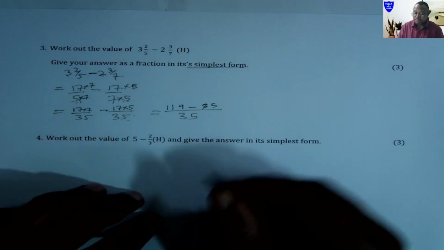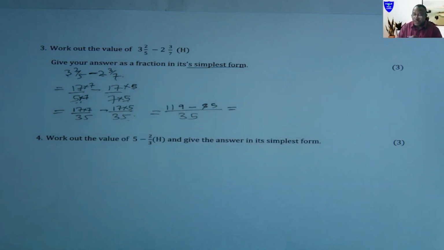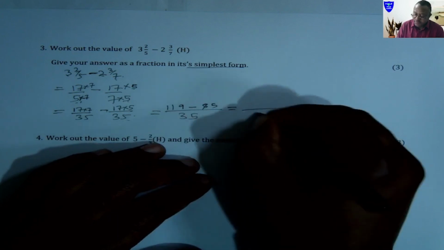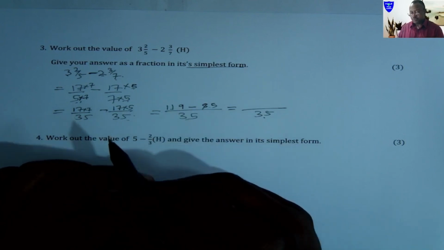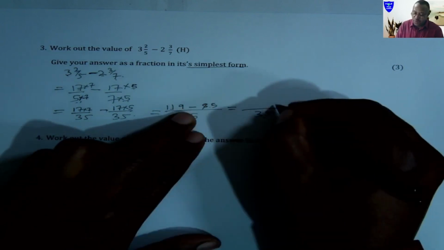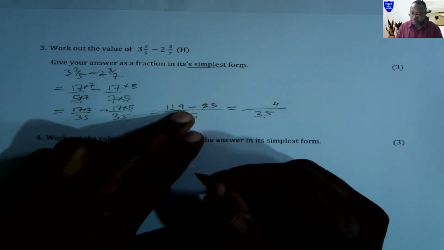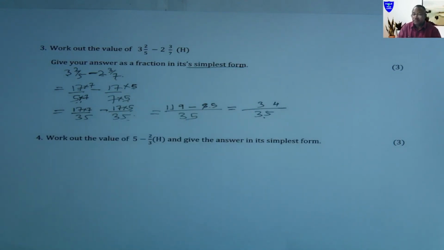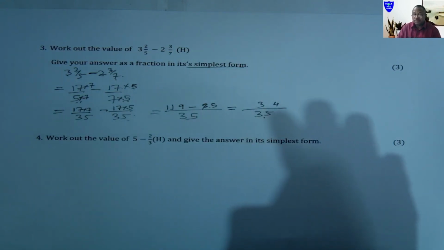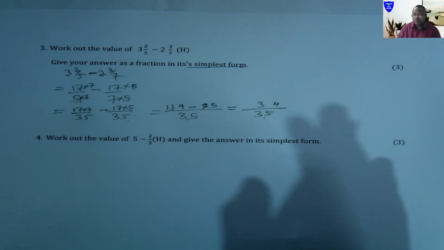119 minus 85, you retain the denominator, then subtract the 2, you have 34 over 35.